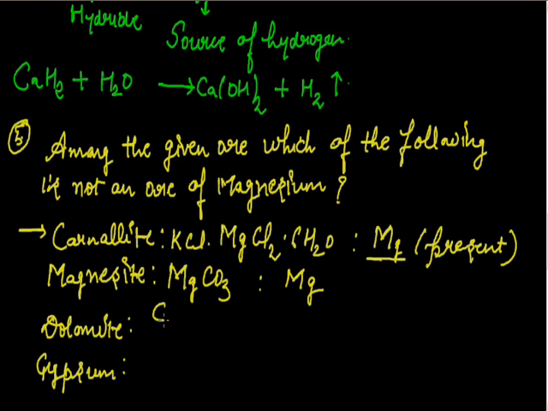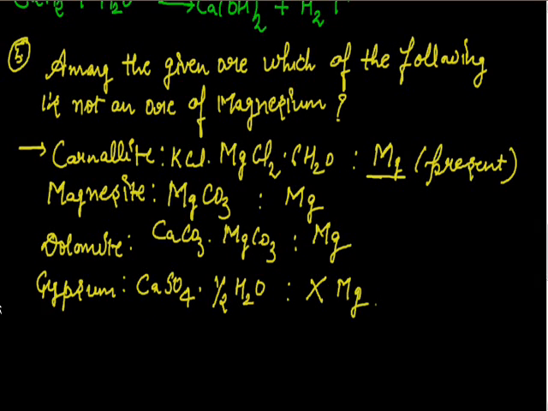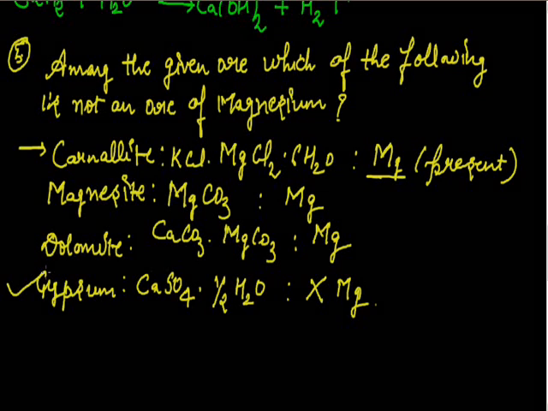Dolomite, as we have seen just now, is CaCO3.MgCO3. Again it contains magnesium. And last but not least, gypsum is CaSO4.1/2H2O. Here magnesium is not present. That is an ore which does not contain magnesium, and we have to find the ore which does not contain magnesium. So this will be the option.